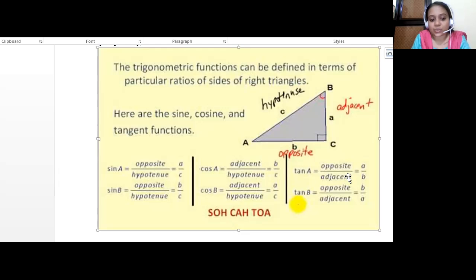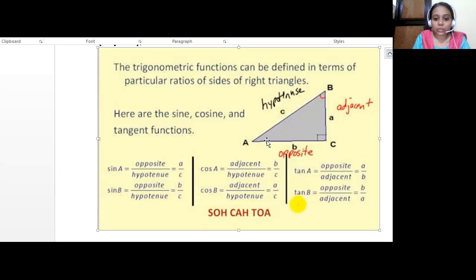These ratios connect to the angles by these functions, sine A, cos A, and tan A. They have values. If angle A is 30°, sine 30 has a value which is 0.5 or 1/2. We can read these values of sine 30, cos 45, or whatever it may be from the trigonometric tables or by using our calculators.